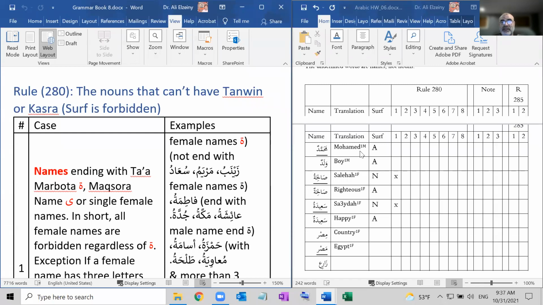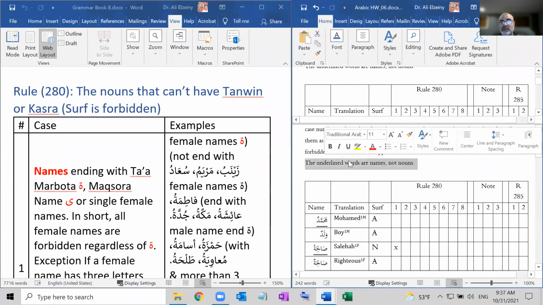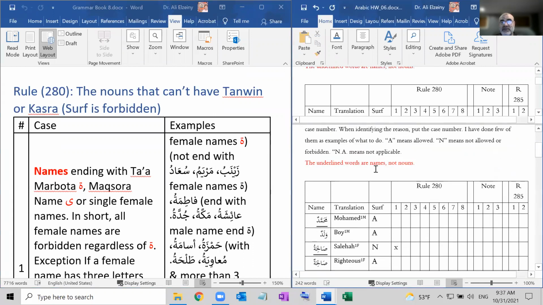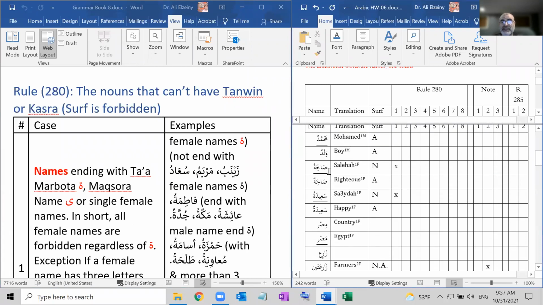I edited the homework to make life easy for you. I underlined the words that are names, not nouns. What do I mean by names, not nouns? Like, for example, the word Saliha can be used as a noun or adjective to describe someone, or can be used as a name.